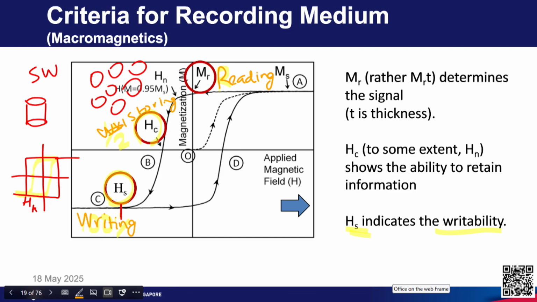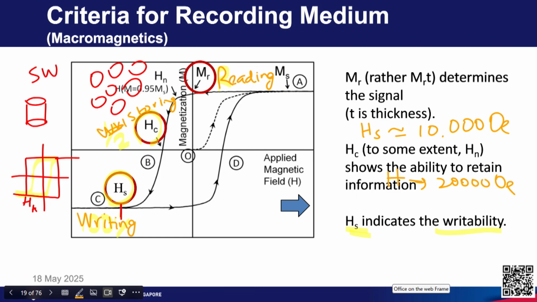Let us say your recording medium has a saturating field of 10,000 Oersted, and the electromagnet writer you have produces a magnetic field of say 20,000 Oersted, which means you can write information onto this medium, no problem.